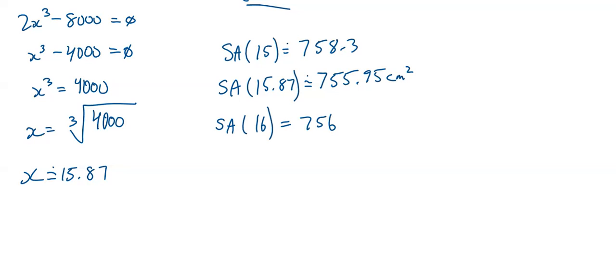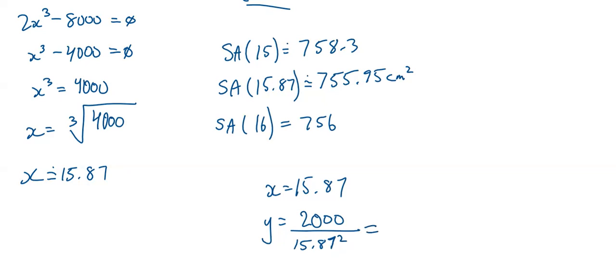Okay, so when x is 15.87, I'm going to find y, which was 2,000 over that number squared, which is about 7.94.